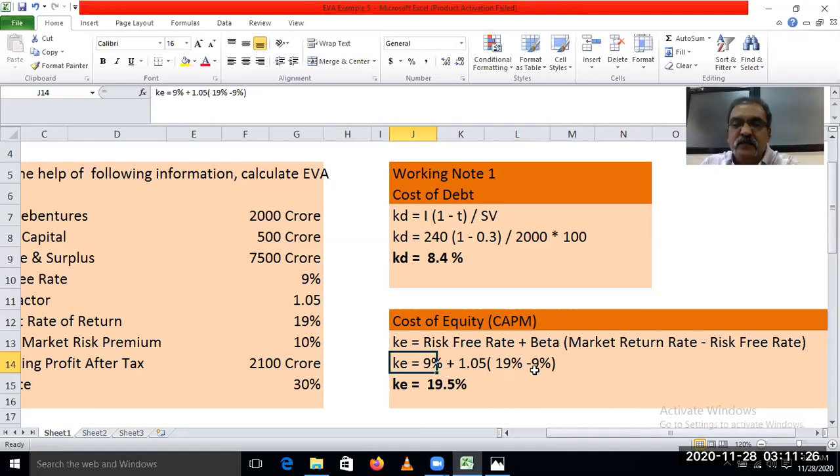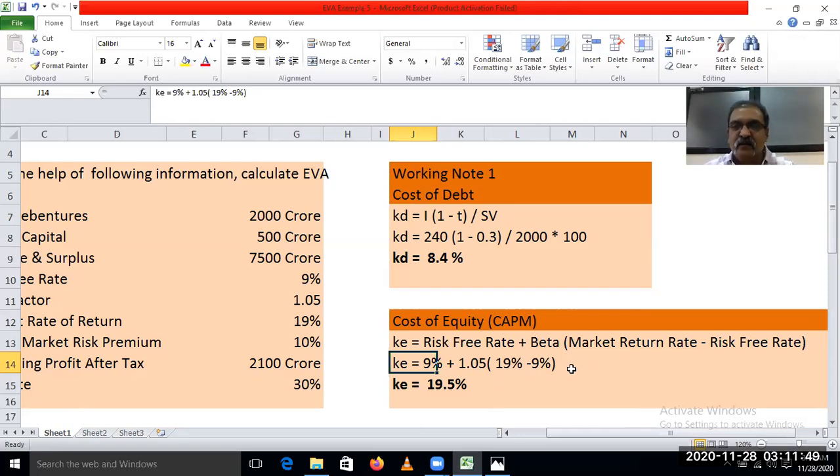So 19% minus 9%. Market return rate is 19% and risk-free rate is 9%, which means the risk premium is 10%. Market return minus risk-free rate is called the risk premium.